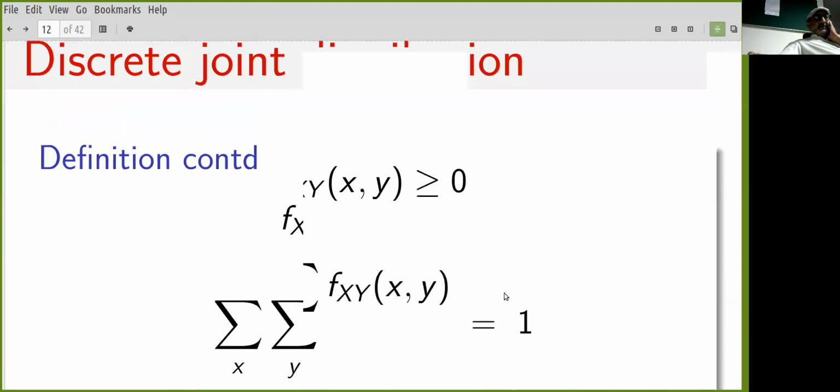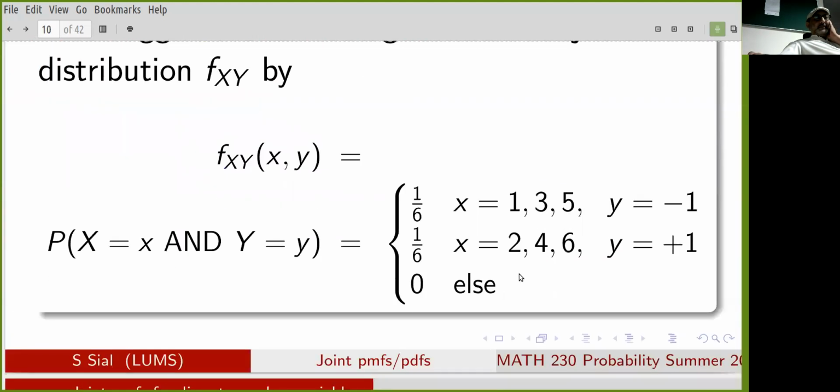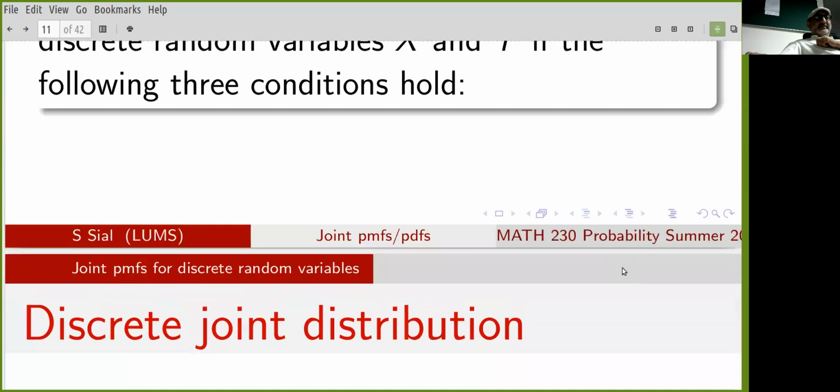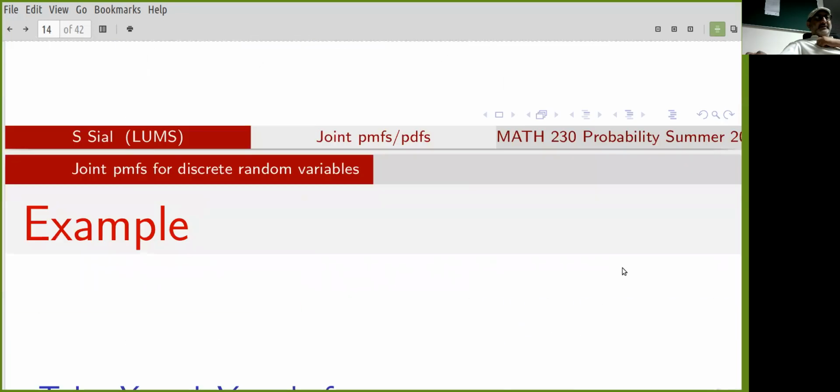So if we go back, this is the sum over f of x, y, where y is equal to 1, and x takes the values 2, 4, 6, and each f sub xy then is 1/6. So it's 1/6 plus 1/6 plus 1/6 is 3/6, which is 1/2. That makes sense, right?